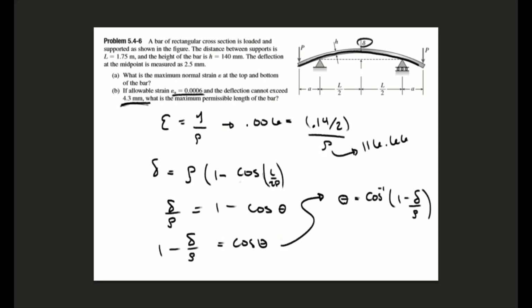Okay, and then obviously that is equal to our L over 2 rho. And then we're able to solve for L because you just bring that over, and it's times 2 rho. And you get your L, which is 2.003 meters.